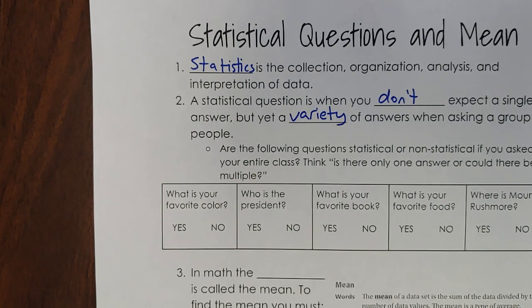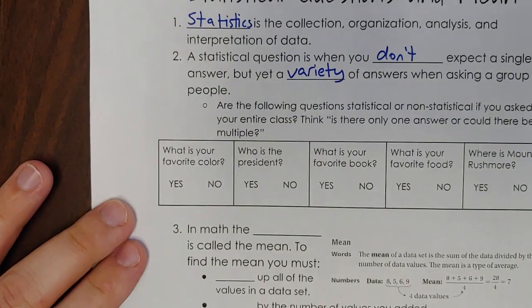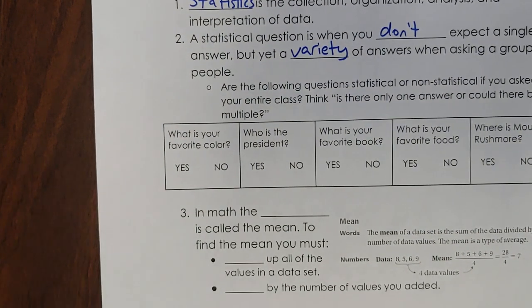So, are you following questions statistically or non-statistically? If you ask an entire class, think, is there only one answer or could there be multiple? Is there only actually one answer to the problem?